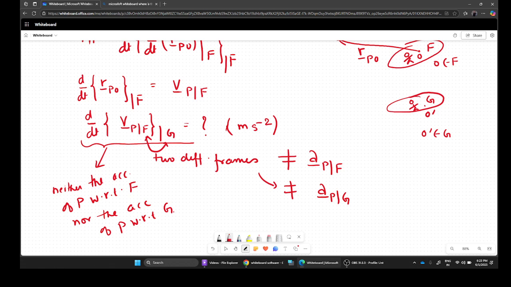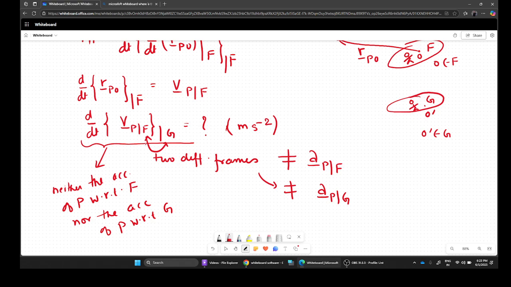It may be a mathematically viable quantity, but in our study of particle kinematics, or even for that matter rigid body kinematics, we do not give this quantity any importance. It does not have any relevance for us.